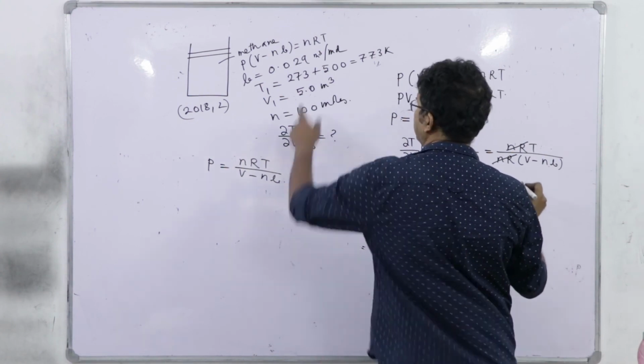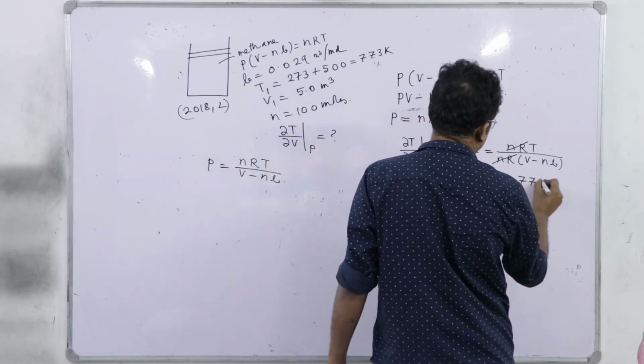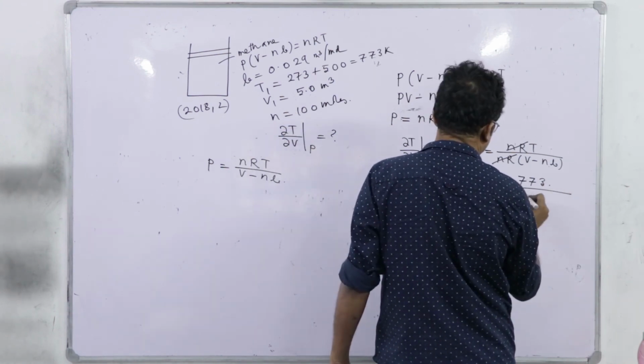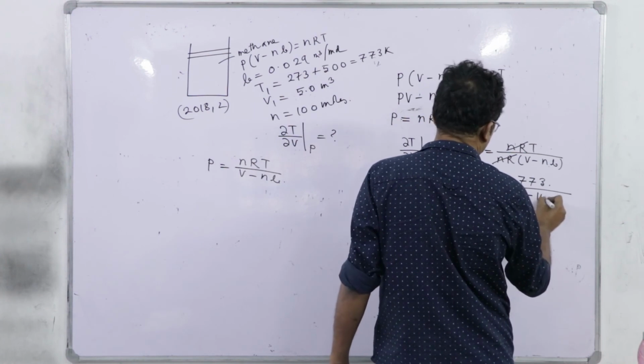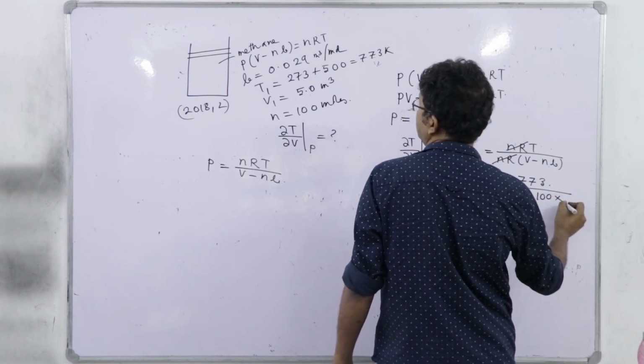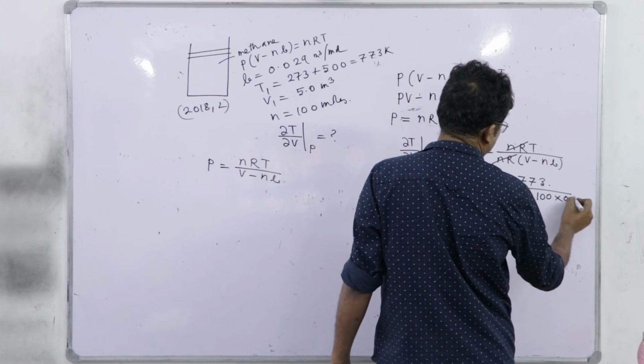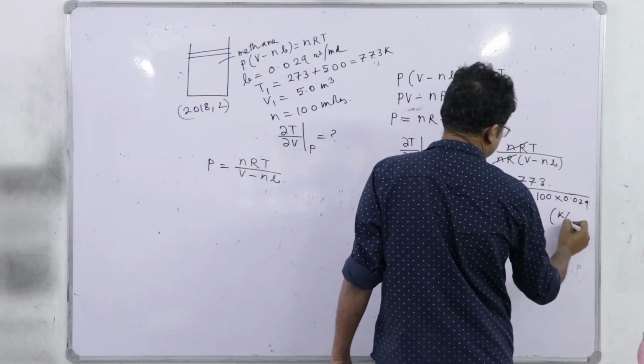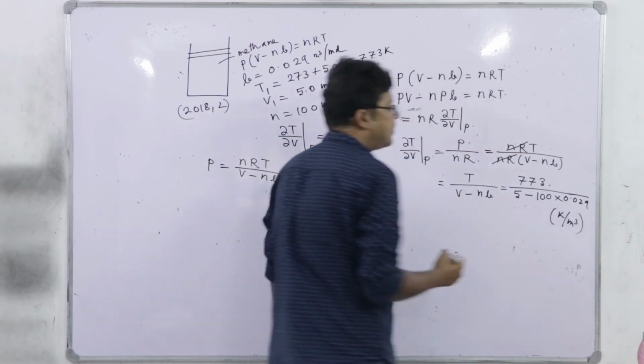So temperature is 773, volume is 5 meter cube minus 100 moles into B, B is in meter cube per mole, so 0.029. So that in Kelvin per meter cube will be the answer. Okay.